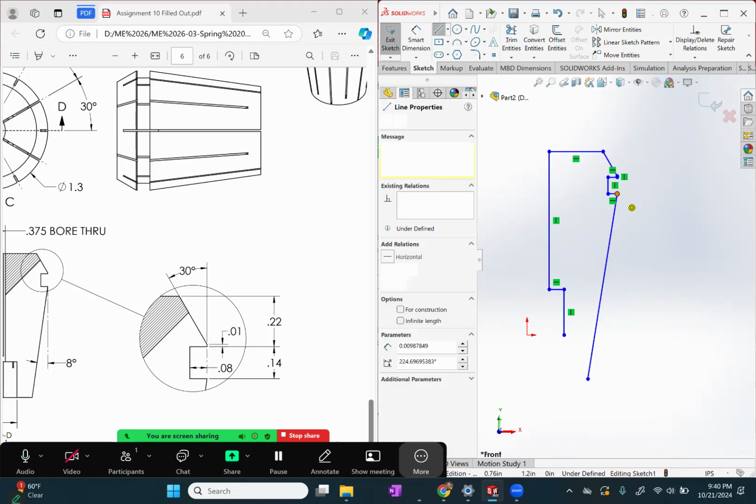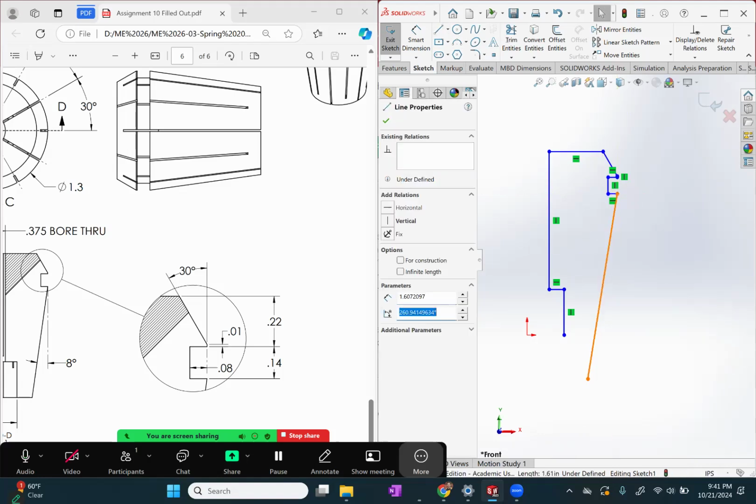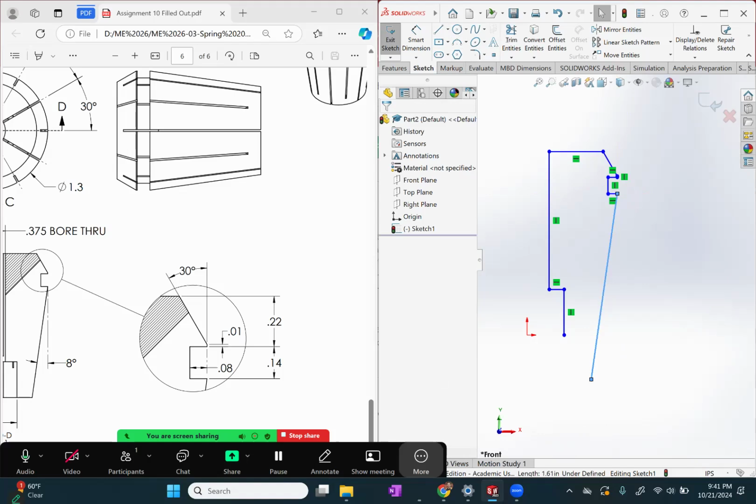So if a vertical line measures 270 degrees minus that 8, so this should be 270 minus 8 degrees, 262 degrees. I don't know this length, and I also don't know the length of this line, but I do know that these two lines intersect.